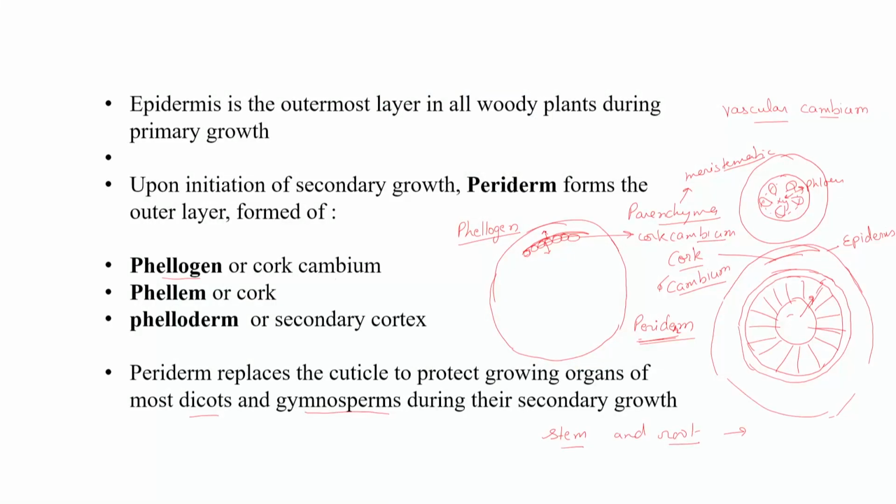Cork cambium is also known as phellogen. It will cut phellem on the outer side and phelloderm on the inner side. Phellem is also known as cork, whereas phelloderm is also known as secondary cortex.